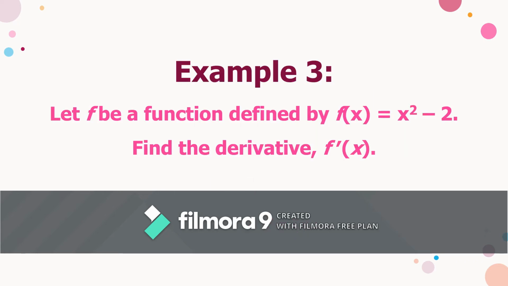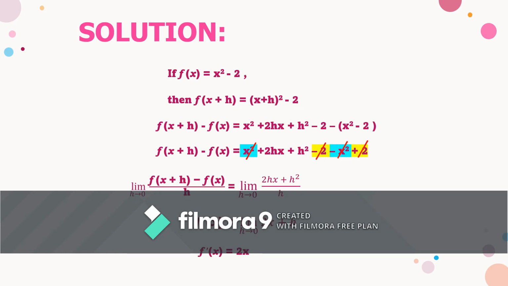We have the third one. Let f be a function defined by f of x equals x squared minus 2. We will find the derivative f prime of x. Okay, the solution.